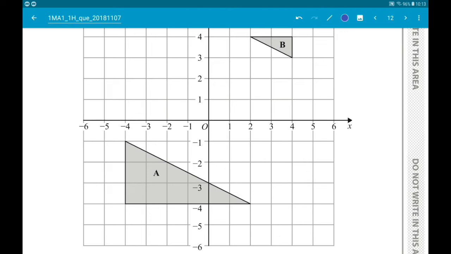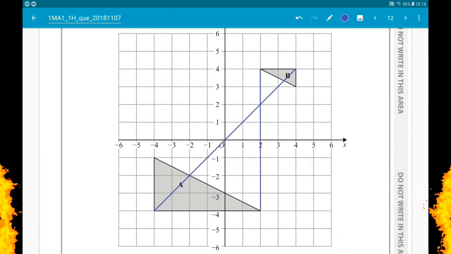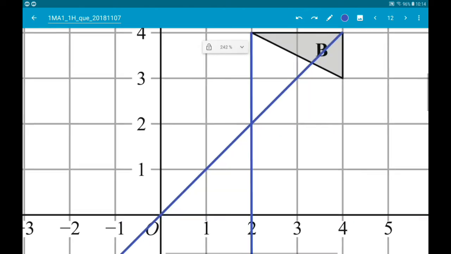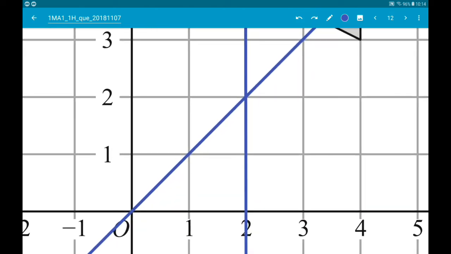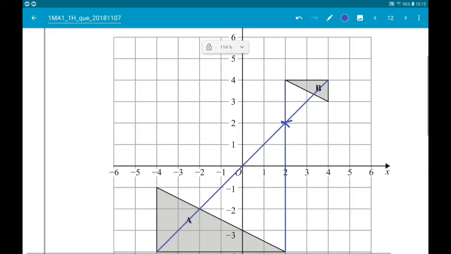So for example, the corners like that would be one pair, and then that guy corresponds to that guy. Okay, so I've just sharpened that up. You do need the lines to be exactly on the points. Now the point where these two lines meet, so here is the centre of enlargement. So it's the centre of 2, 2.